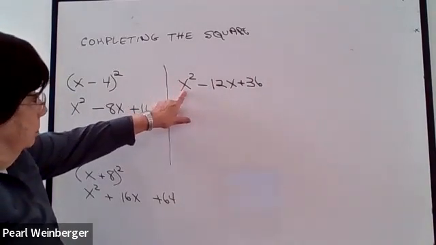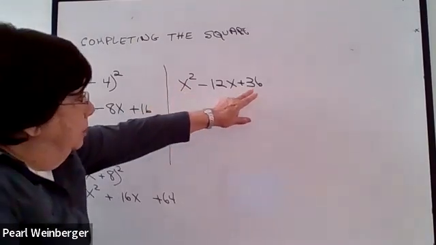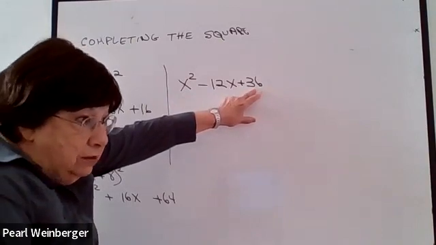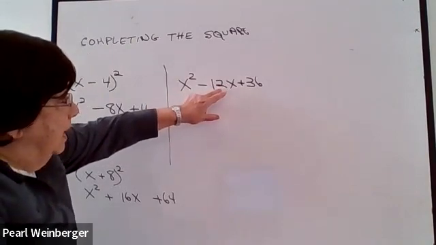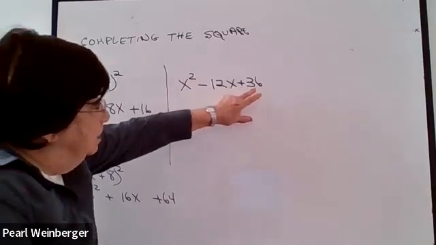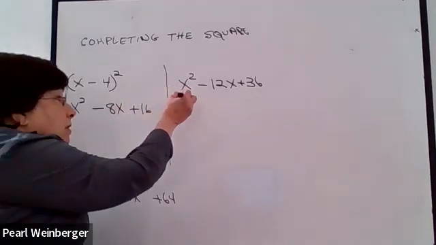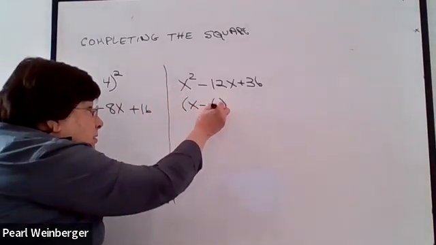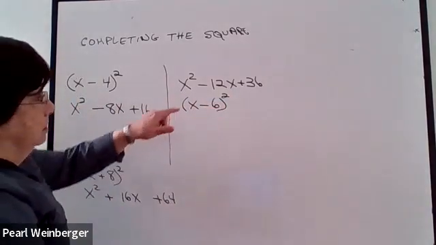Well, the first term is x times x. That's a perfect square. The last term is 6 times 6, so that's a perfect square. And the middle term is actually double this, so it must be x minus 6 squared. It must be x minus 6 times x minus 6.